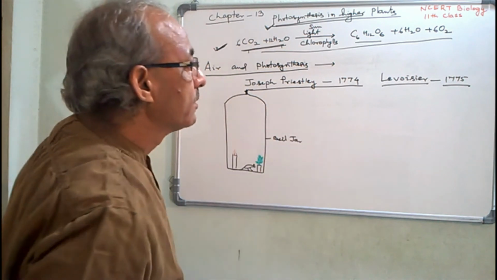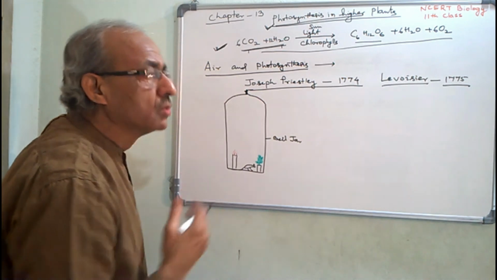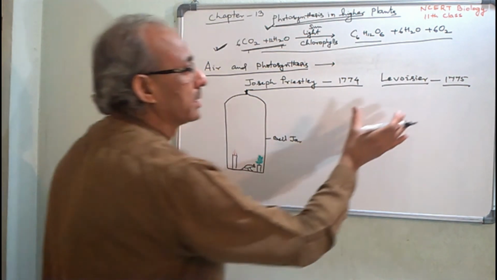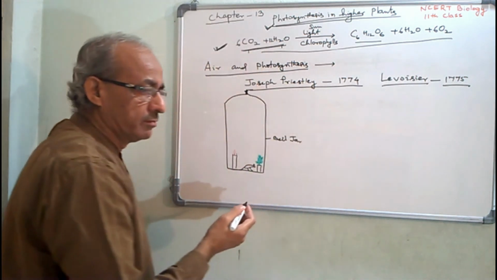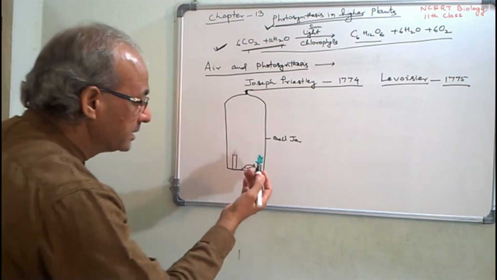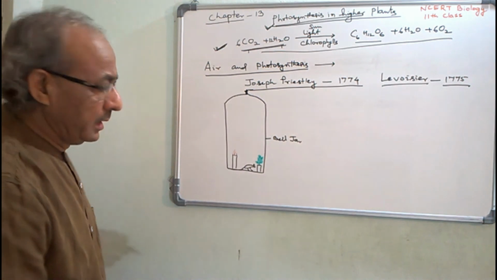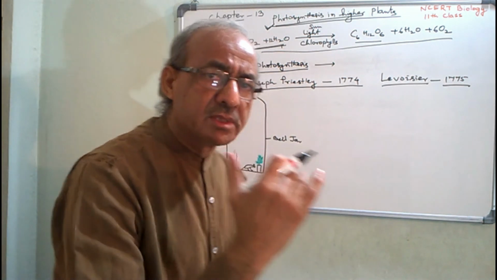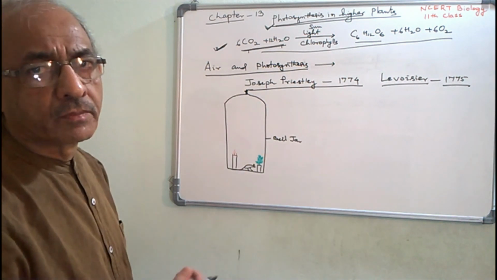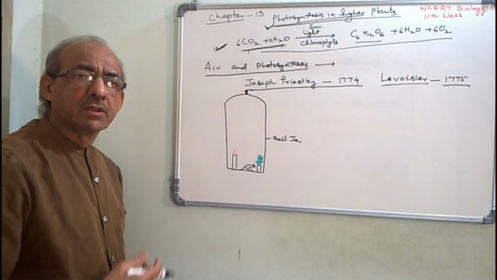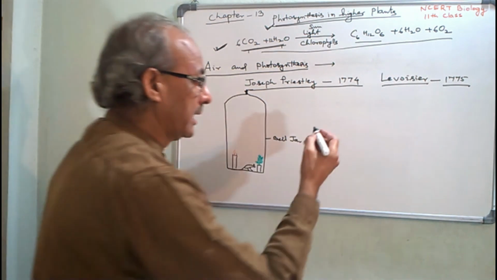On the basis of his hypothesis or conclusion, just after 1 year, Lavoisier said that the gas released by the green plant, the mint plant, which compensates the constituent of the air damaged by the burning candle or due to breathing of organisms, is oxygen gas.